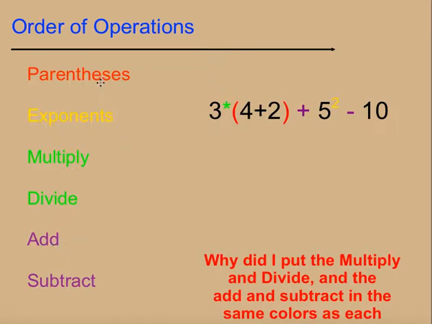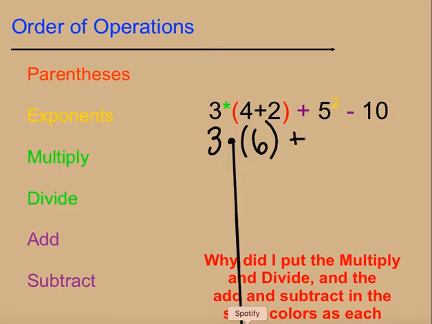Well, in this first example for parentheses, we need to do those red parentheses first. So, in this problem, we do what's in the parentheses. 4 plus 2 is 6. We're going to add 5 squared minus 10. Nothing with that yet.